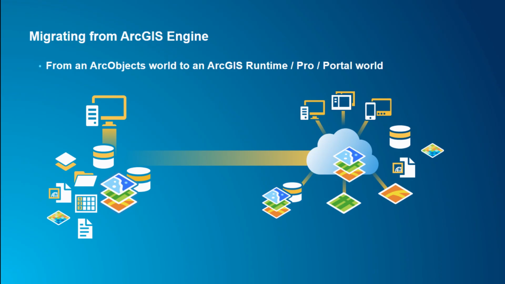It's the ArcGIS Desktop, ArcGIS Engine, ArcGIS Server environment. Migrating then to a world based on ArcGIS Pro, ArcGIS Runtime, and of course ArcGIS Portal or ArcGIS Online as well. So they are two worlds apart, but there are obviously things that carry over between them that make the migration possible.